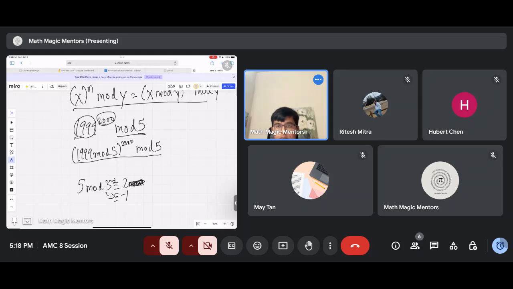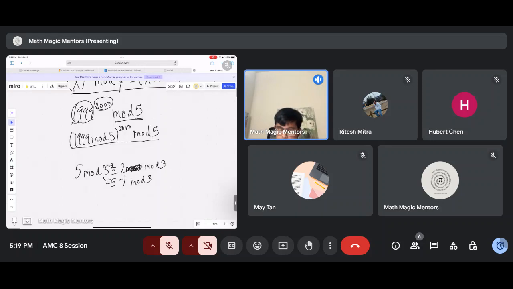I'm just going to write the mod 3s, but when I omit the mod 3s, just remember that there is a mod involved. But why this is, is because when you get to 5 mod 3, there's two ways of approaching 5, right? From the closest multiples of 3.